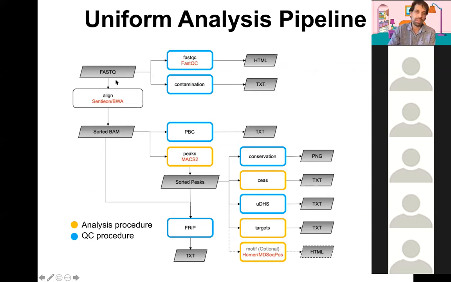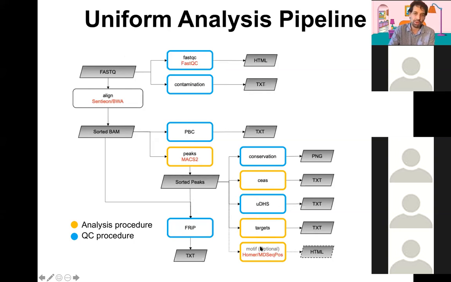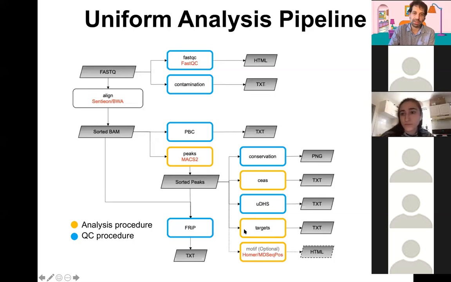In this basic pipeline, there are the steps of aligning reads, calling peaks using MACS, and doing some quality controls, calculating, for example, the number of reads and peaks, PBC, looking for contamination, and FastQC analysis. Then there are also some simple downstream analyses, looking at the distributions of peaks in different genomic features, such as promoters or exons and so on. We also do motif analysis and find the targets of transcription factor binding sites.